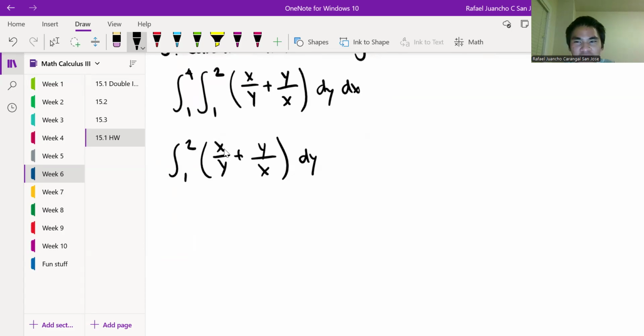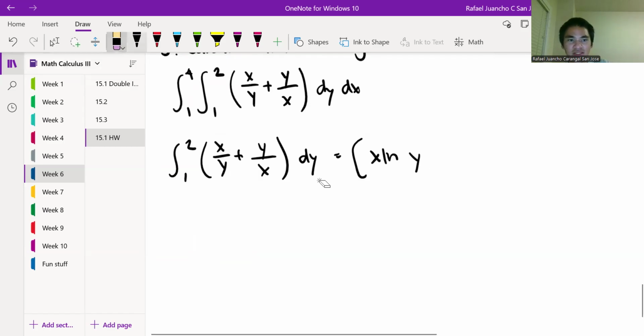When my x is a number, what's my y? And then when here, I have this. So when my x is a number, let's say 1 or 5 or something, this is actually, if we integrate it, this is x ln y.